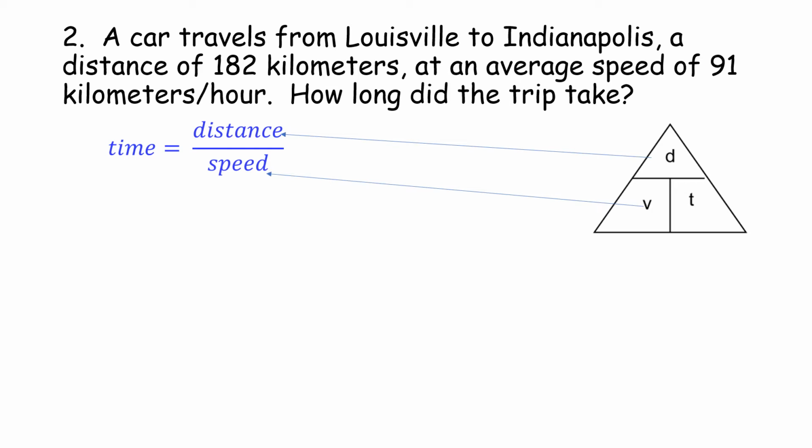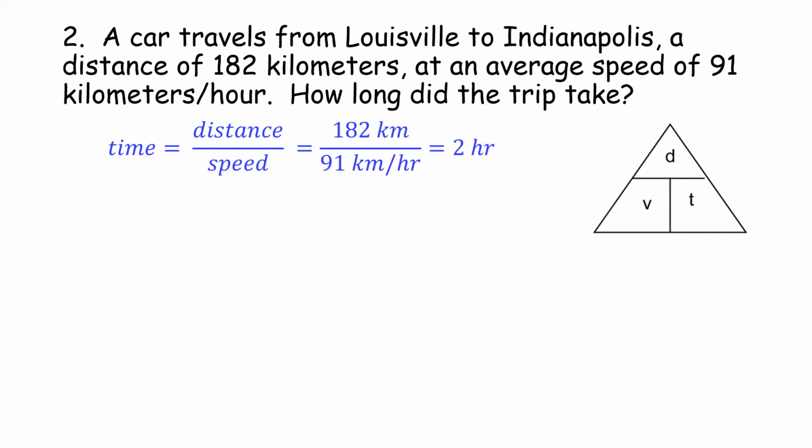If we plug in our values, we get 182 kilometers on top, 91 kilometers per hour on bottom. Now the numbers are pretty simple. 182 divided by 91 is 2. You may not know that kilometers divided by kilometers per hour equals hours, and you can just trust me on that.